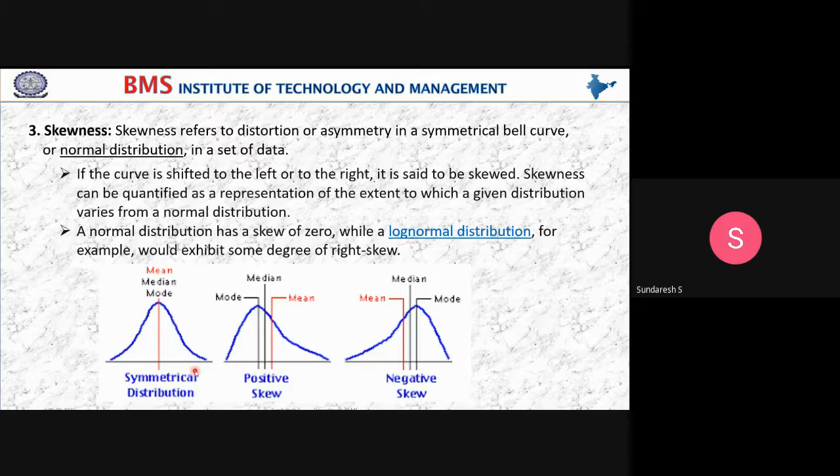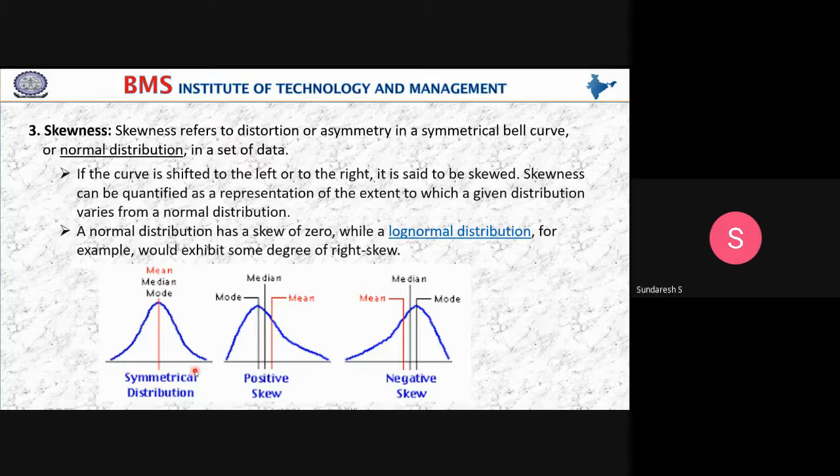Skewness can be quantified as a representation of the extent to which a given distribution varies from the normal distribution. So how do we quantify, that is, how do we calculate how much the data has been skewed?